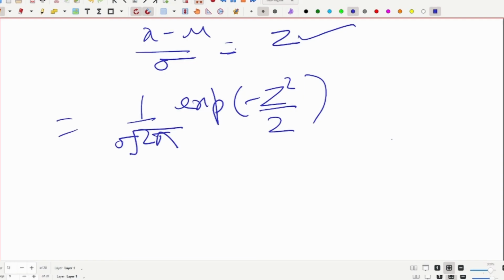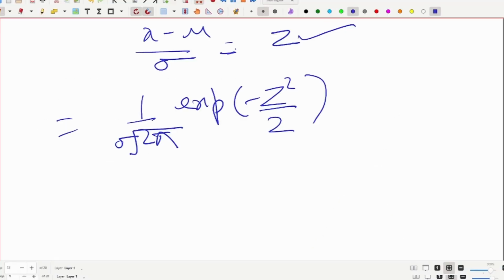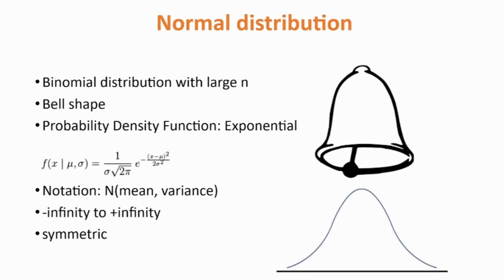Now, look at the notation here. We always write the normal graph as N, mu, sigma. This is what it means by writing N as mean, variance.